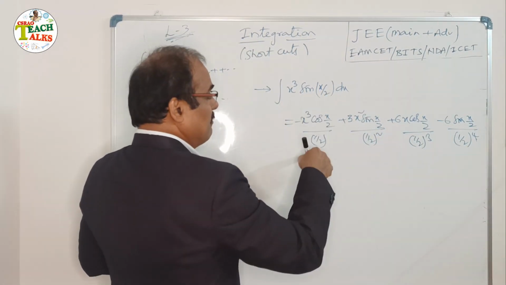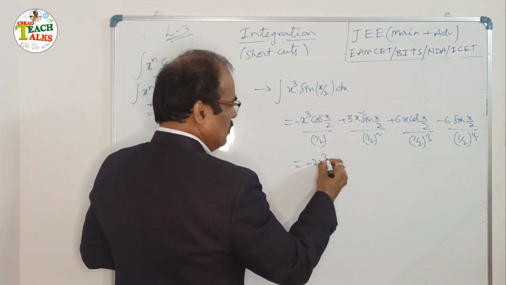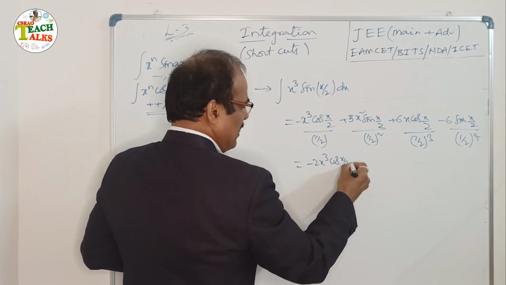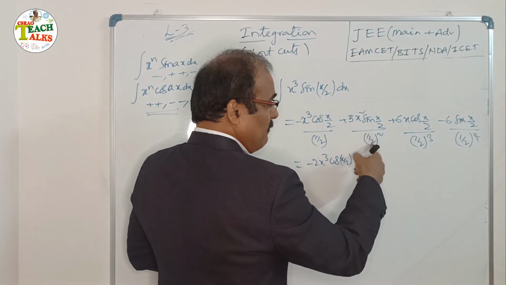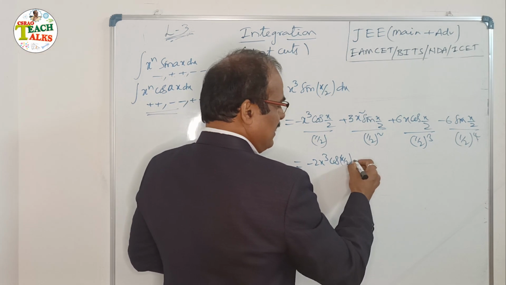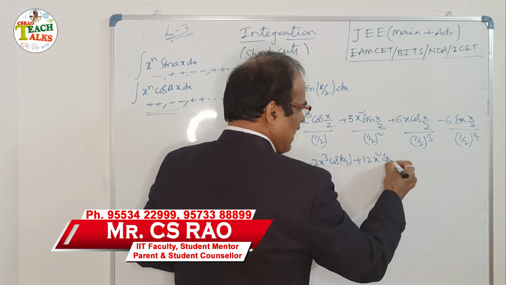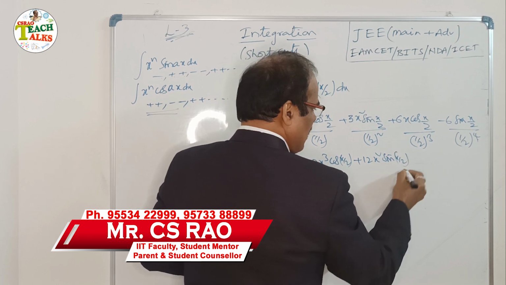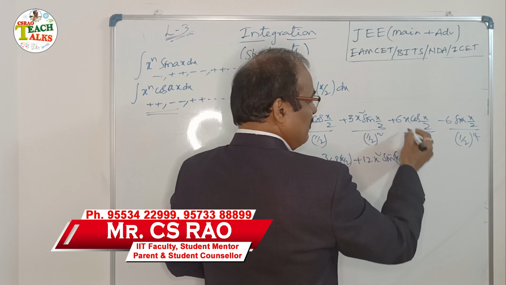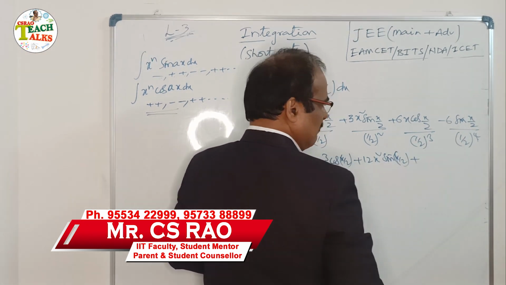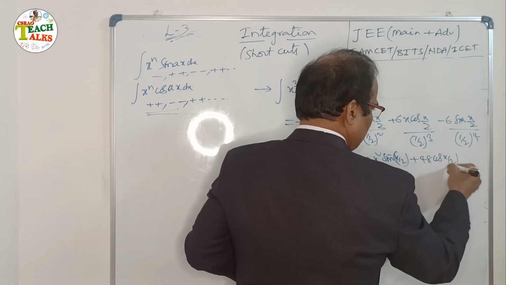It will come out here: minus 2x cube cos x by 2. That is the first term. And it is 1 by 4, it multiplies 3, and 12x square sin x by 2. And it is 8, 8 into 6, 48 cos x by 2.